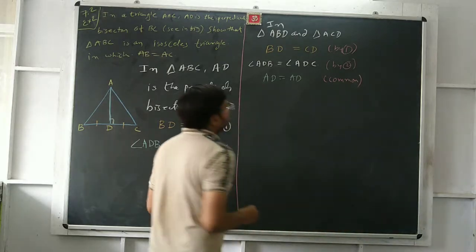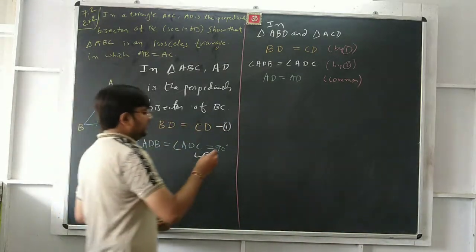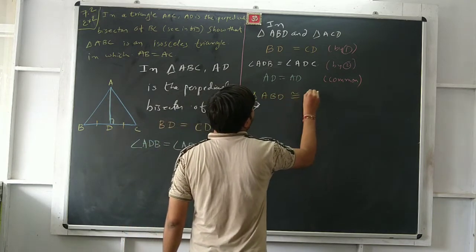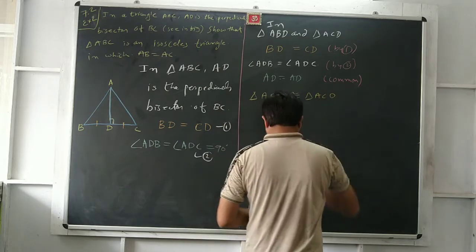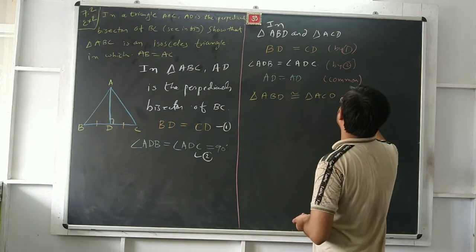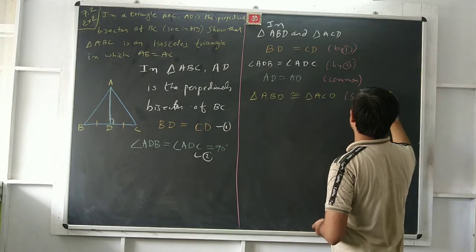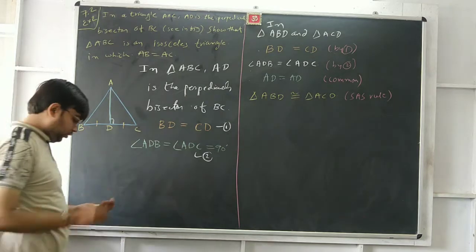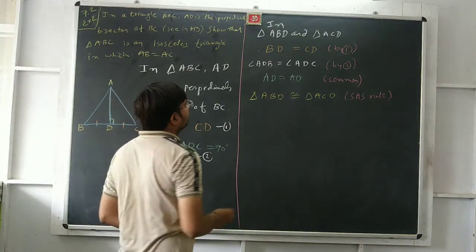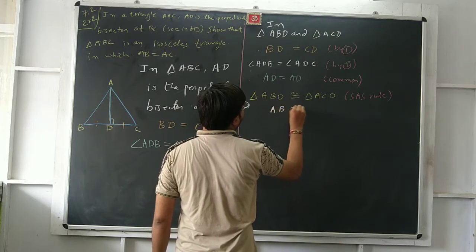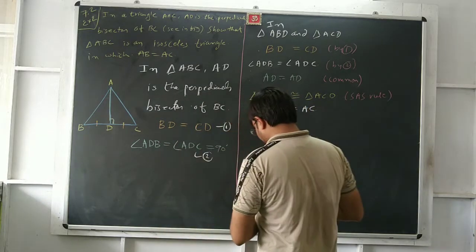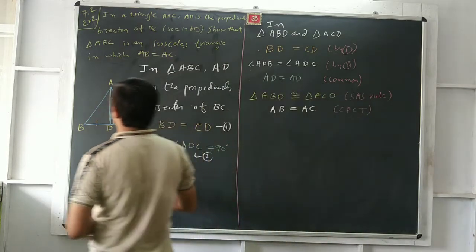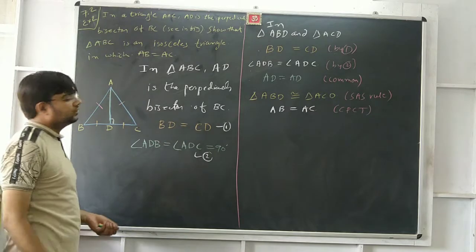So we can write that triangle ABD is congruent to triangle ACD by the side angle side rule, SAS rule. So we can also write AB is equal to AC. Why? Because CPCT, corresponding parts of congruent triangles are the same. Then we can write AB and AC both same.